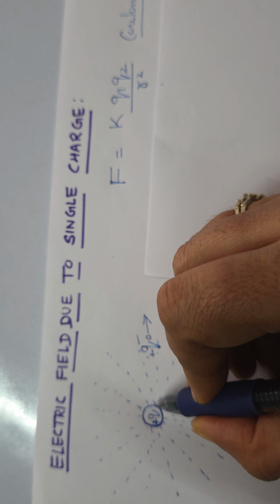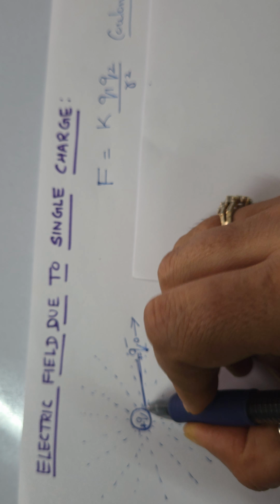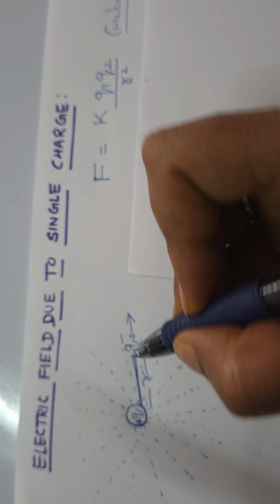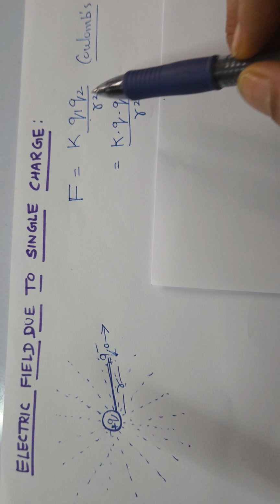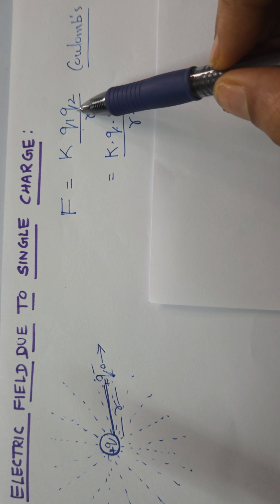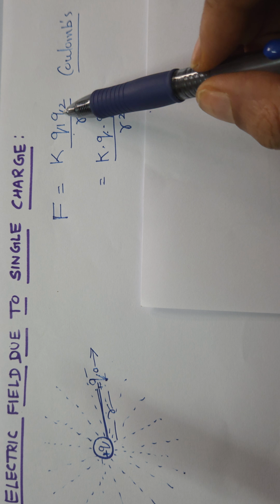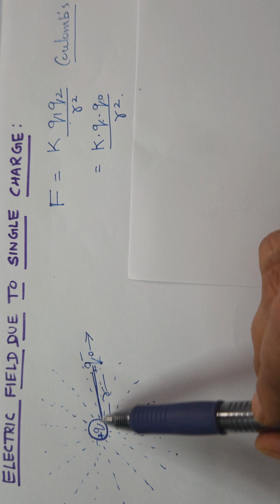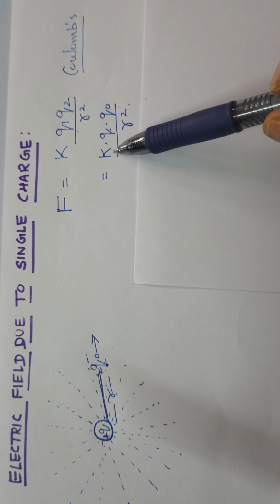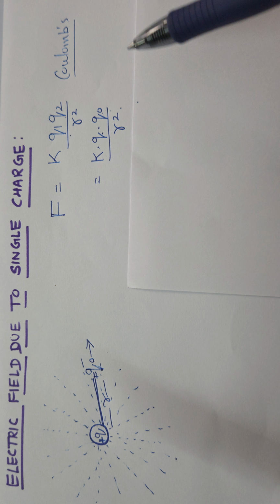Suppose the distance between these two charges is r. I have taken q1, the first charge, as q, and q2 as q naught. So the force between these two charges is nothing but k q q naught by r square.